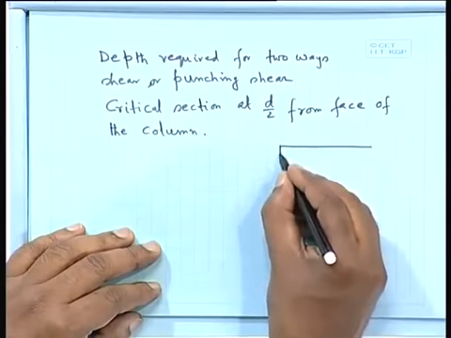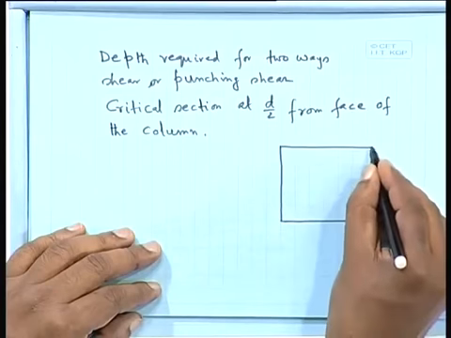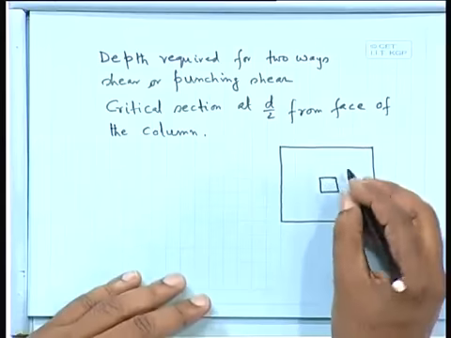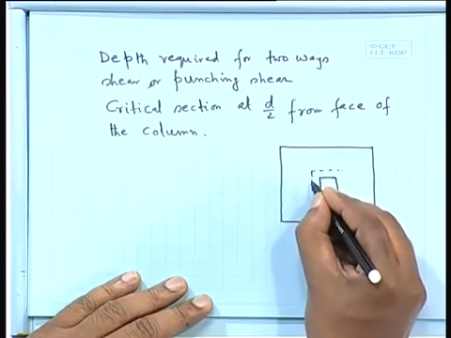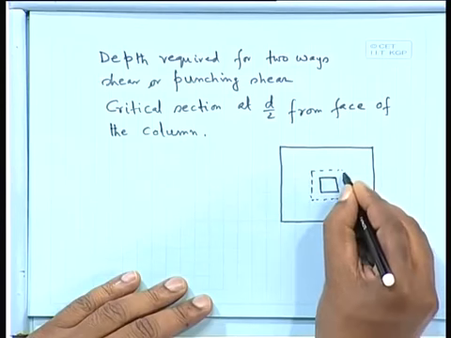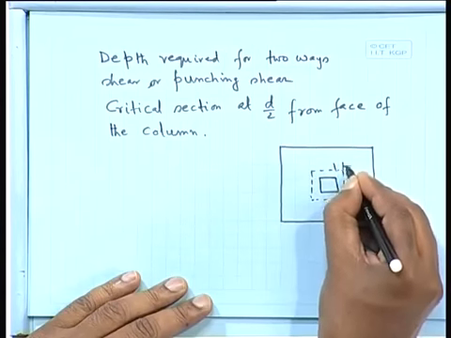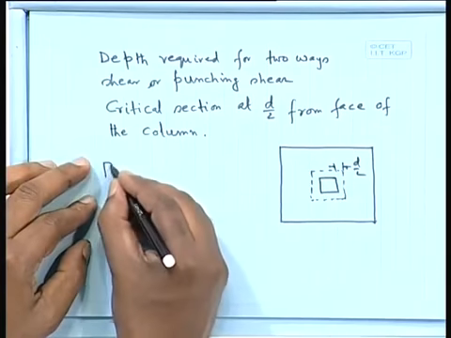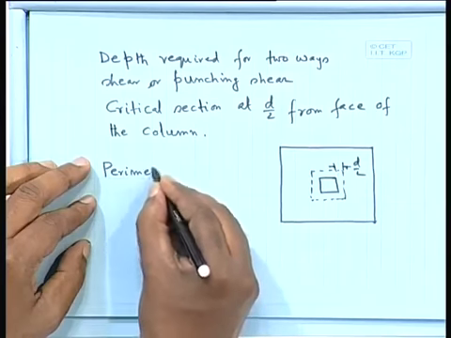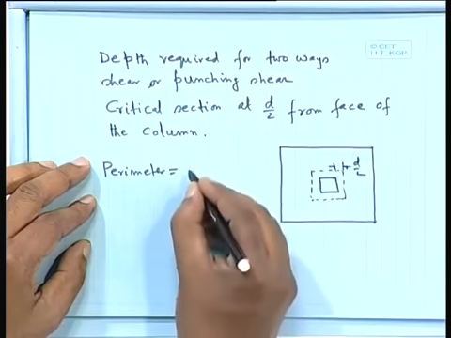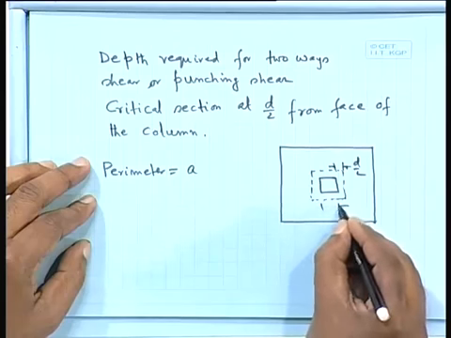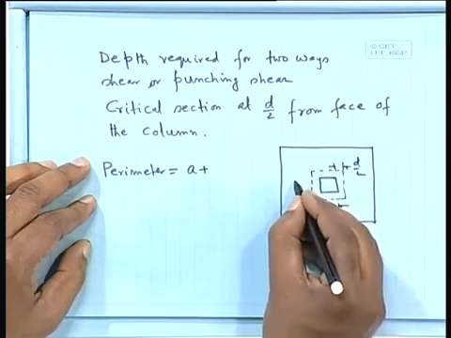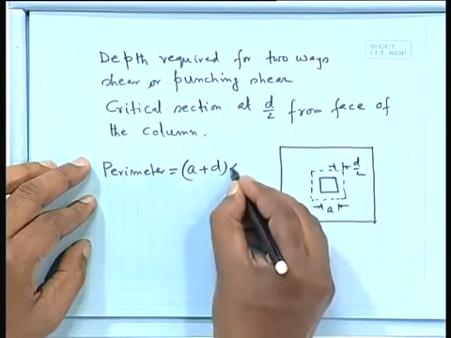Let us draw a figure here. So this is the critical section, and this is at a distance D by 2. What about the perimeter? This is A, so A plus D, times 4.